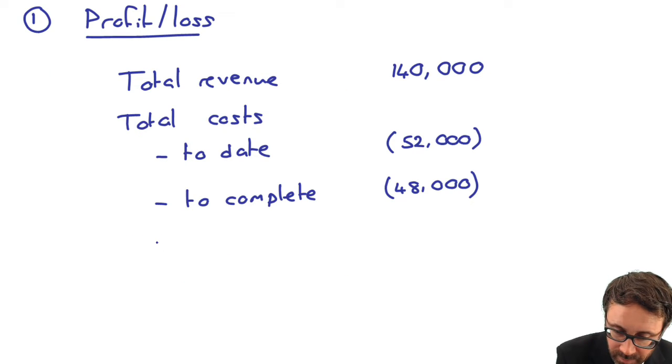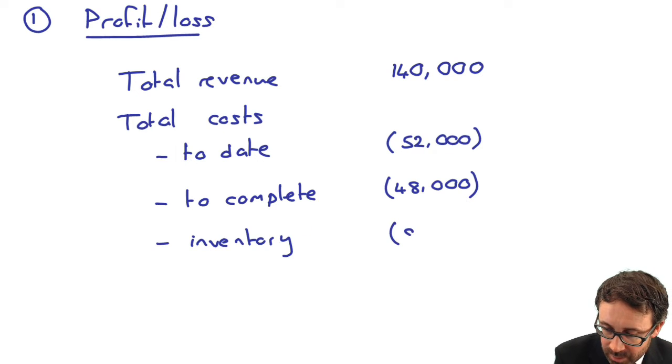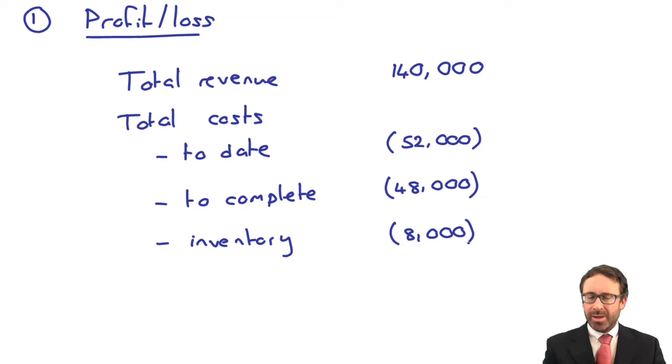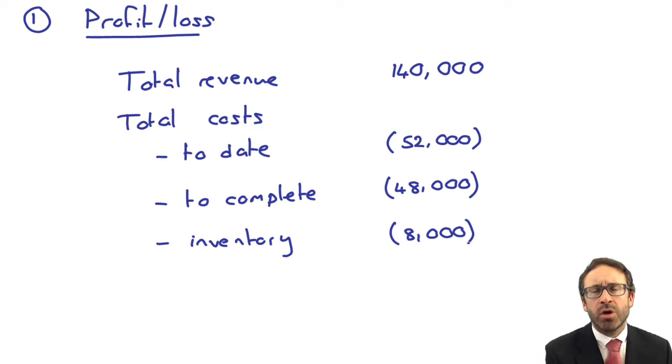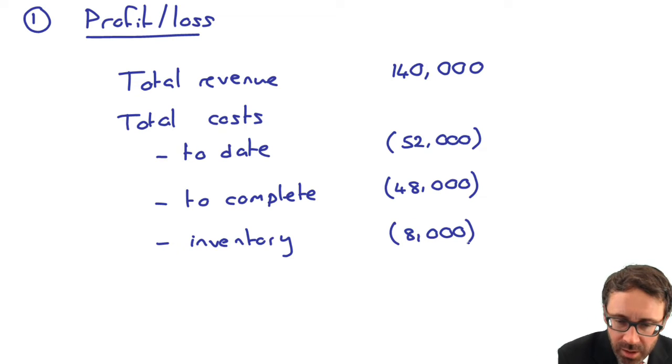Although it's not a cost to date because it doesn't relate to this period, it is a cost that is going to be incurred in constructing this asset. We just bought a load of inventory, presumably because it was cheaper to buy now than hang on and wait until the future. So therefore it's going to form part of the overall costs of the contract. That's what we're looking at, aren't we?